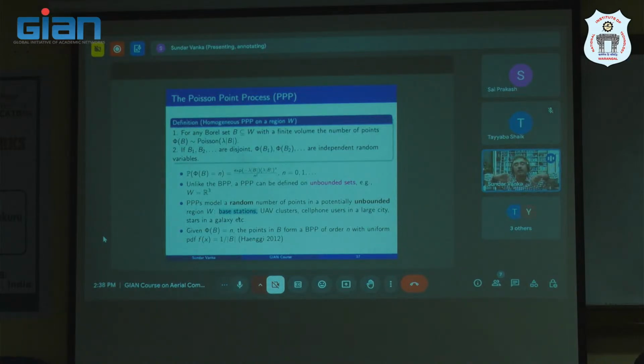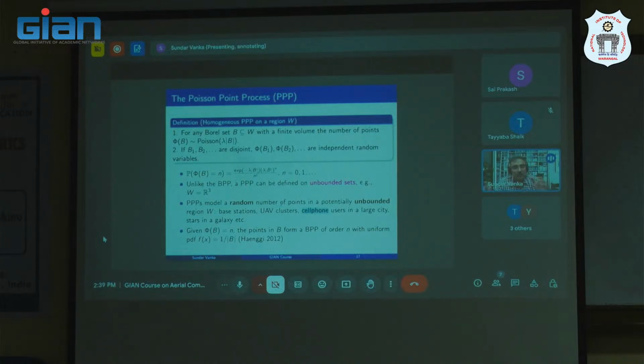Similarly, if you have UAV deployments on this very big city, it makes more sense to think of the centers of those UAV clusters as potentially coming from a Poisson process, because those centers can be all over the city. In much the same way, the cell phone users in the city you can think of as Poisson, because you're thinking about a very large area. So anything where you have a very large area or volume, you may want to consider a Poisson process.